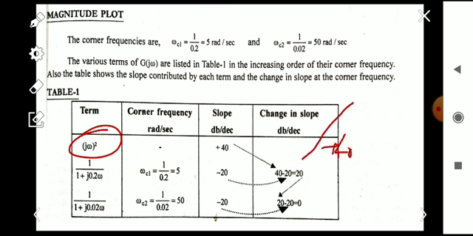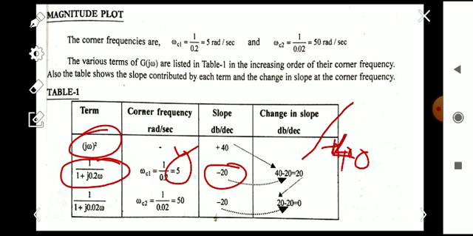And at the first corner frequency 5 we are adding a term 1 by 1 plus j 0.2 omega, which has a slope of minus 20. So at this 5 radian per second, we are adding a term having minus 20, so the slope will reduce to 20.